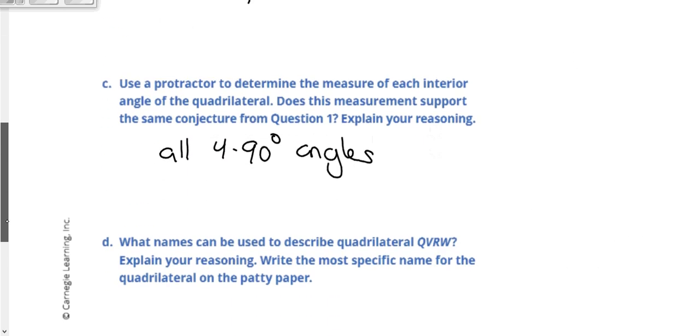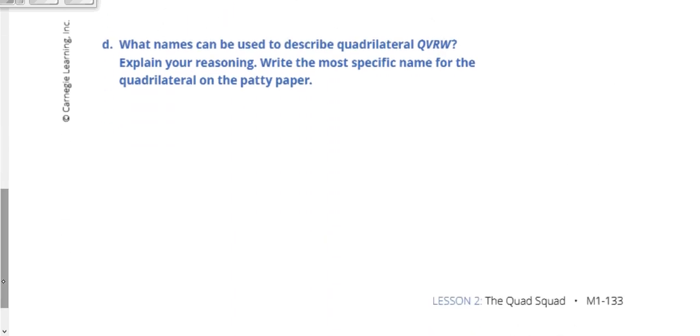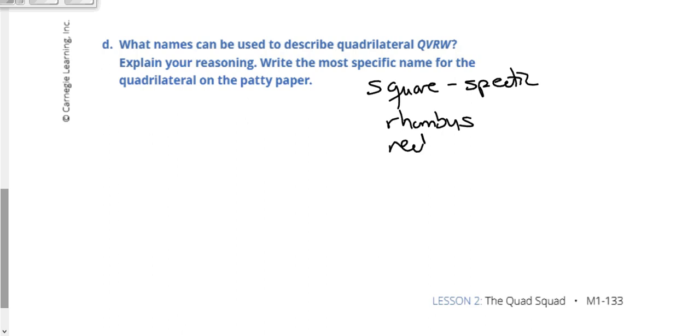Okay, so let's just kind of think about this a little bit. We know this is a square, the most specific. But it could also be called a rhombus. Could be called a rectangle, because it has all the same properties of this. Rhombus, rectangles, and then a parallelogram.